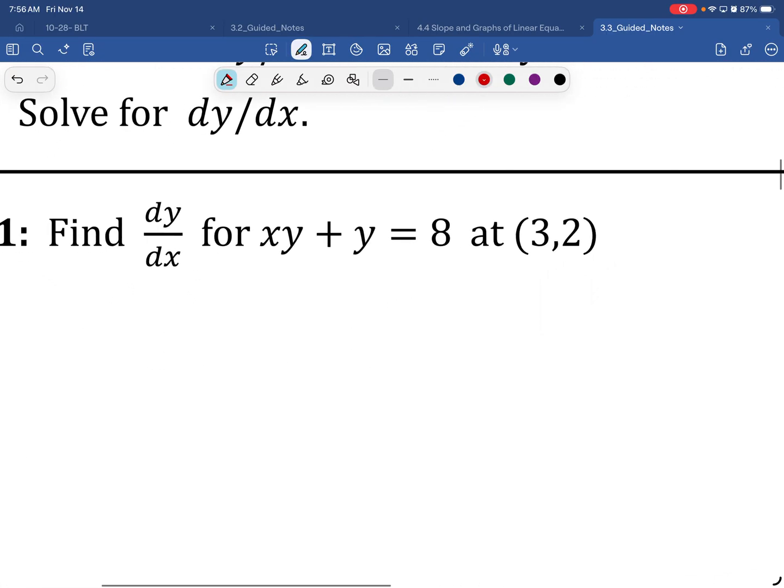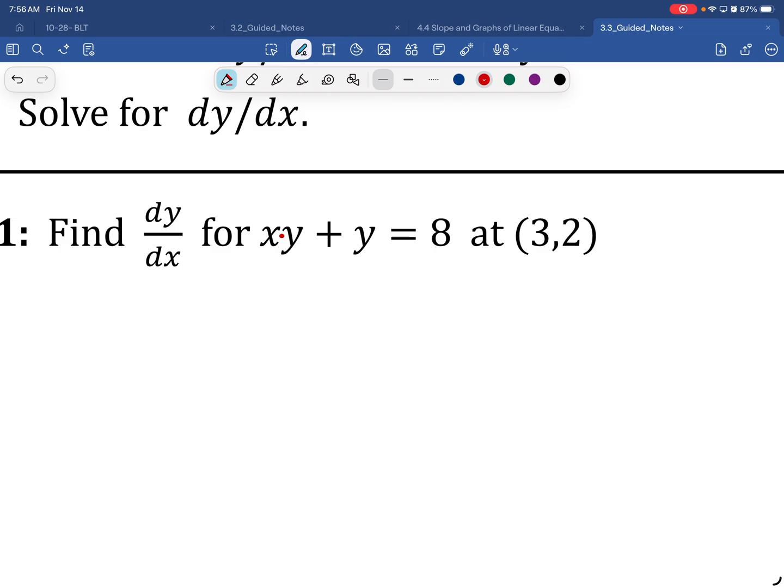Here's one. I want to find dy dx, the change in y with respect to x, on this two-dimensional graph at the point where x is 3 and y is 2. Let's just do implicit differentiation. This first one, xy, is a product rule.